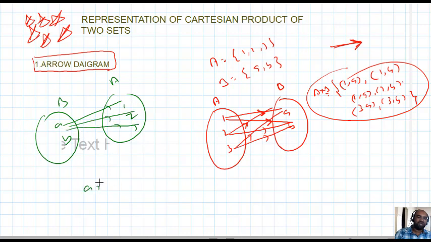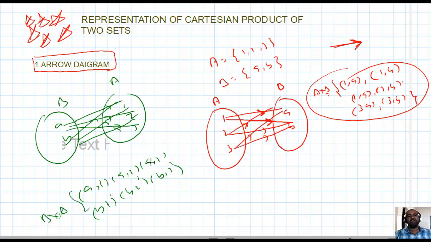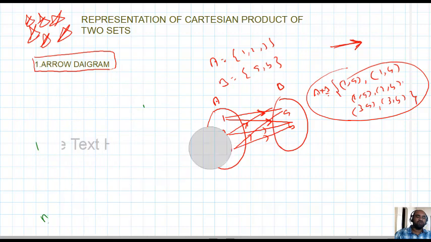What are the ordered pairs? (a, 1), (a, 2), (a, 3). b can pair with 1, 2, 3: (b, 1), (b, 2), (b, 3), separated by commas and enclosed by flower brackets. This is B cross A. So this is the arrow diagram of B cross A. Or in this diagram only, you can change the direction of arrows, then also you get B cross A. Okay? This is called the arrow diagram of Cartesian product of two sets.